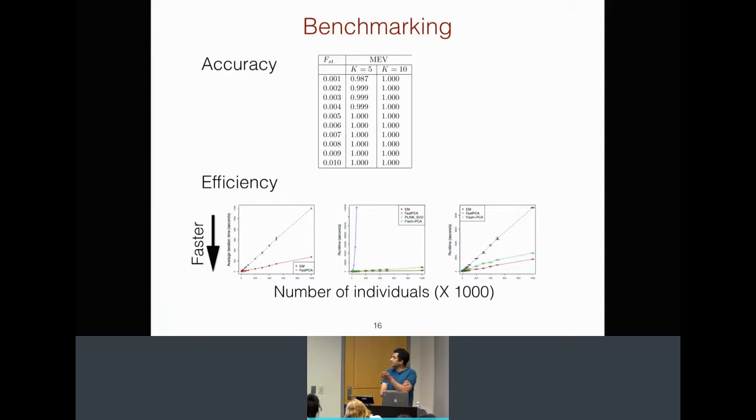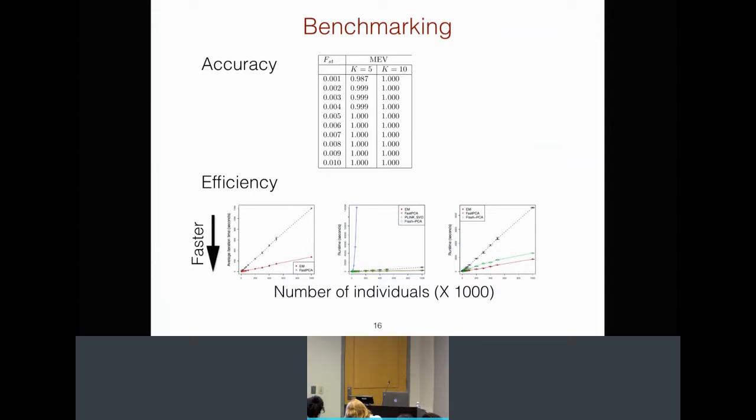But what we have seen is, even with random restarts, you pretty much converge to a very similar point. In general, even for relatively close FSTs, so these are relatively close human populations, we get quite accurate principal component estimates.